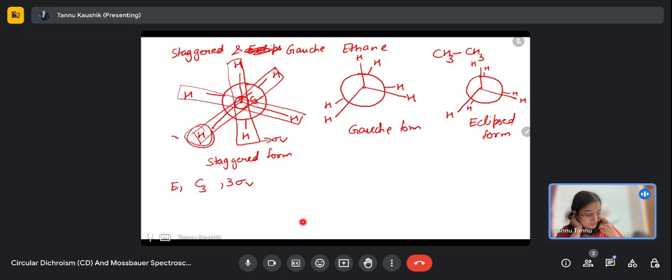Okay, this is possible in the eclipsed form. So there you can say you have C3H point group. In fact, here we have 3 sigma v also.